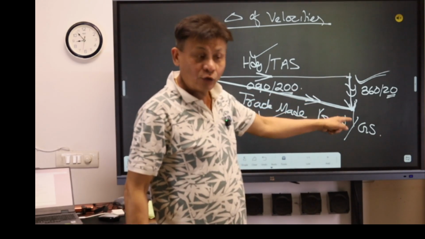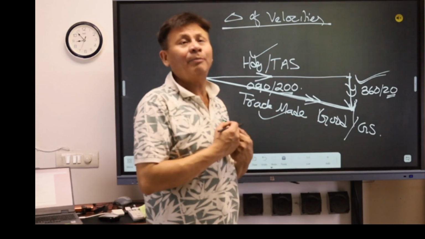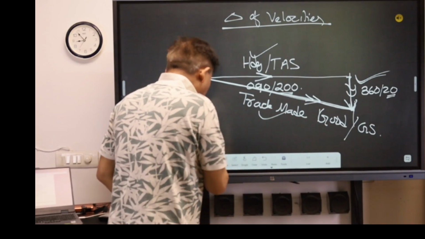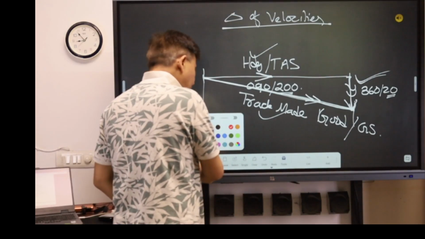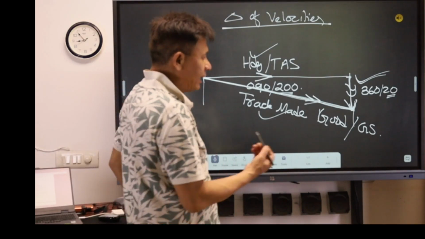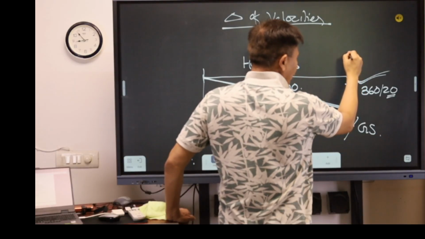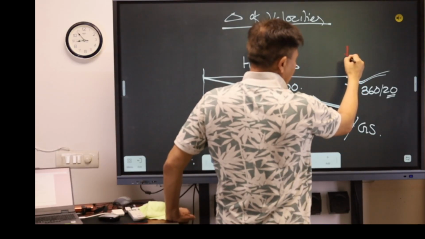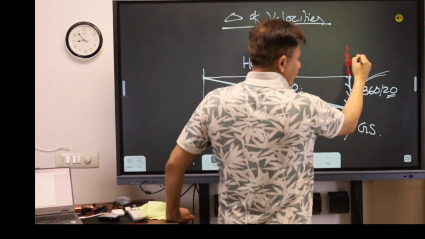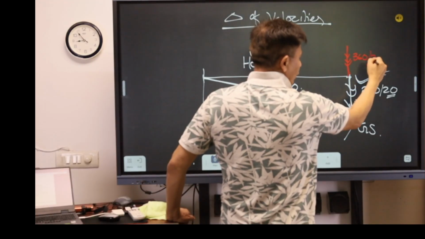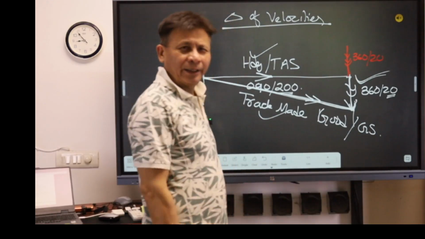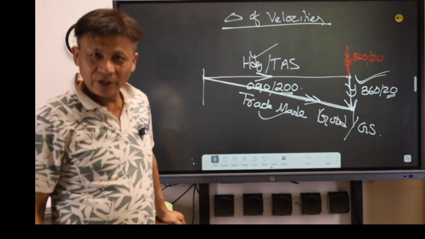Am I right? So my aim is that once the Met department has given me the direction from which the wind is coming, I can construct the same component of wind, that is 360, 20 knots up the track. Am I right? Yes, up the track.